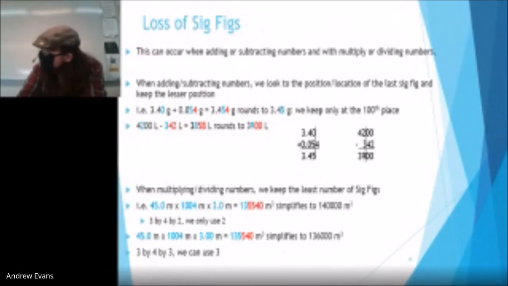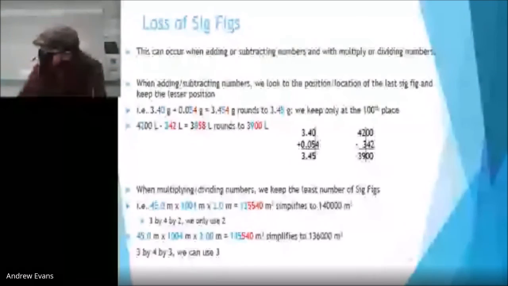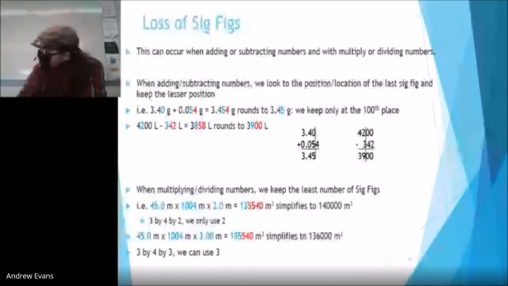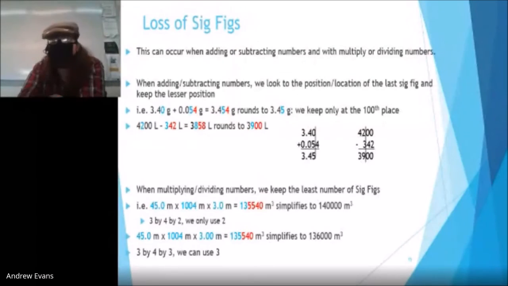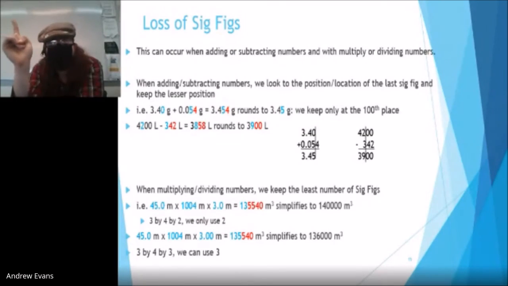If you're weighing something on a balance and it reads 5.000, you should write 5.000. You should not just write 5. If you're saying 5, I'm saying I have 1 sig fig. If you're saying 5.000, it means I know this is 5 to 4 significant digits.